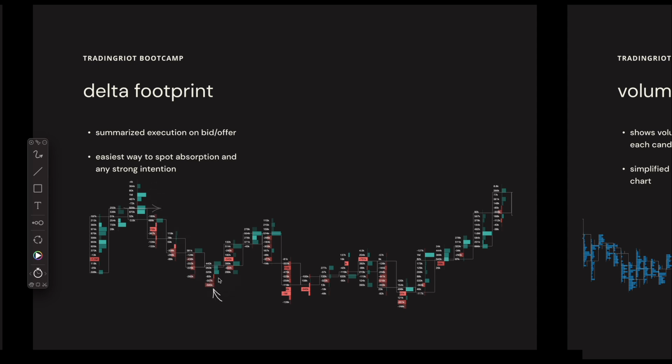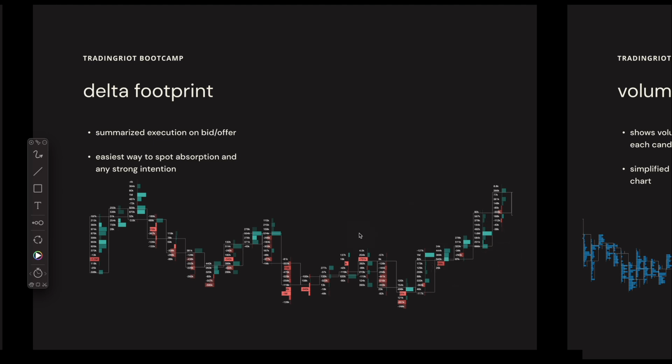You have some sellers stuck in here. You can see how these things are just rotating, and usually at the tops and the bottoms one side just gets stuck, then when the market establishes some sort of move, even here, or you can see here, the strong amount of buying is just visible on a delta footprint chart.